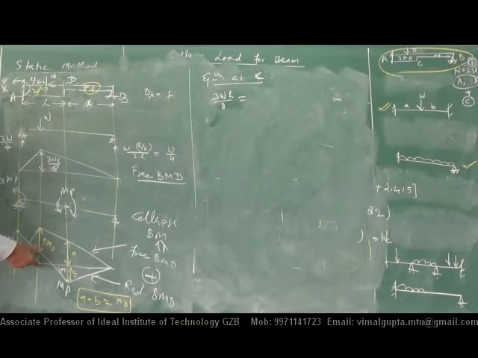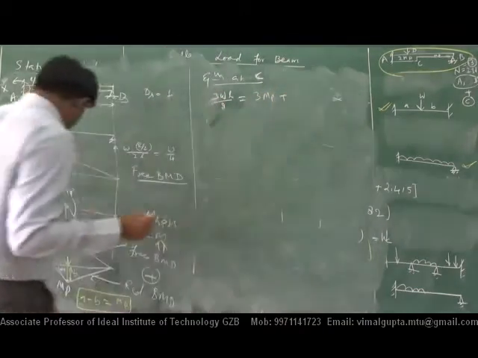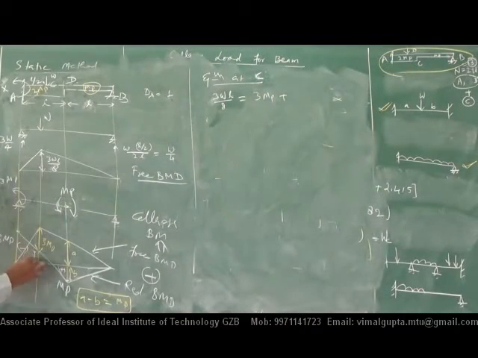We are doing this, right? 3 MP plus that. So it is 3 MP plus, and how much is this one? We can plot from here. Okay? So what will be that value? 3 MP divided by this distance is a problem.